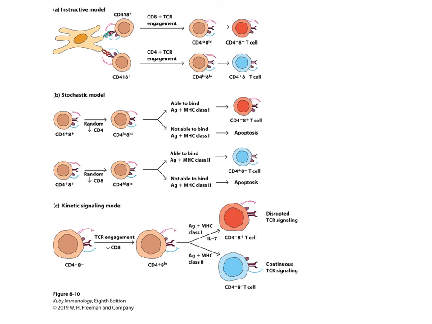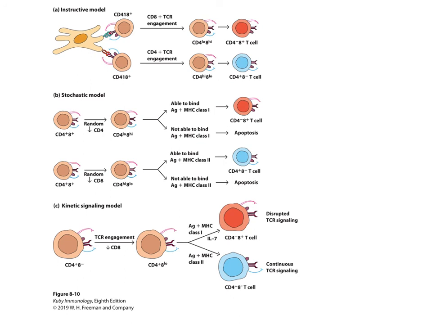Again, if we look at the instructive model, it's that signaling is going to instruct the cell what lineage to become. Stochastic model, it's a flip of the coin.